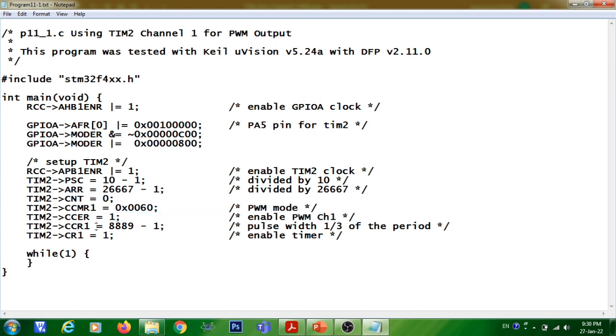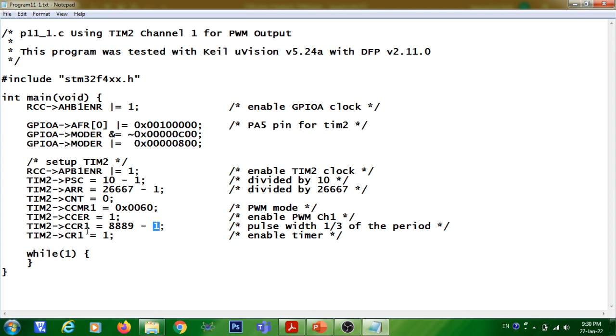Then you are configuring the duty cycle in the CCR1 register. Why CCR1? 1 stands for the channel number. So CCR1 we have configured, and for the calculation we have taken 8889. Again 8889 minus 1 should be given, because CCR1 also counts from 0 to that value.